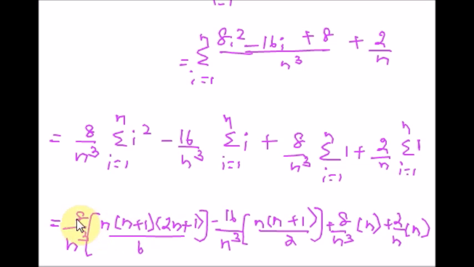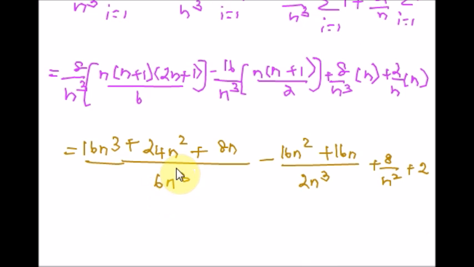After combining all the terms, I have clubbed all the terms with the same denominator, so it will be easy for you to calculate. This is of the form n cube, n square and n, with the 6 n cubes and 2 n cubes and n square separately and a constant here. Now you have to compute the limit as n approaches infinity, similar to the right Riemann sum approach.